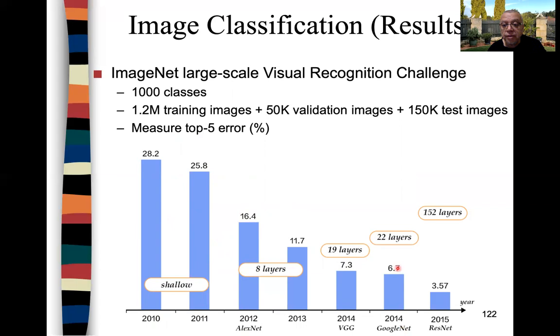And then GoogleNet reached 6.7 top 5% error, as we mentioned before. And then with the ResNet in 2015, with just 152 layers, the error was 3.57. So this is a big improvement.